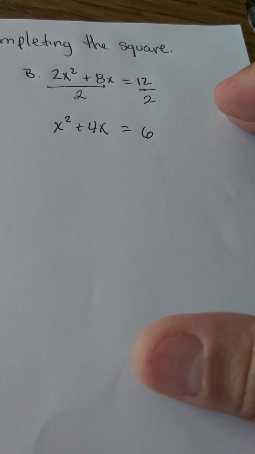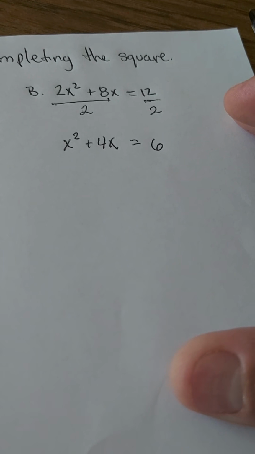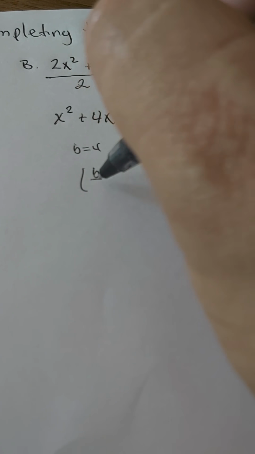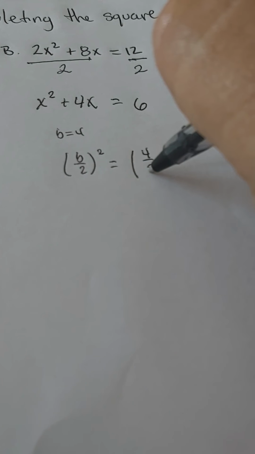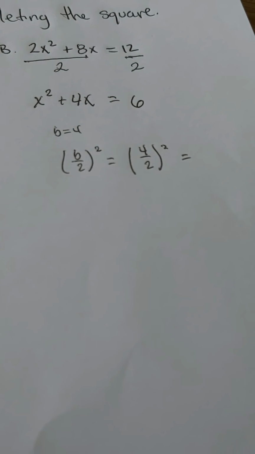Now we have variables on one side, constants on the other side. So let's complete the square. Notice in this case, b equals 4. So let's find half of b squared. That means half of 4 squared.